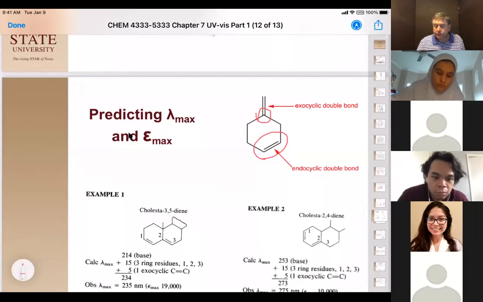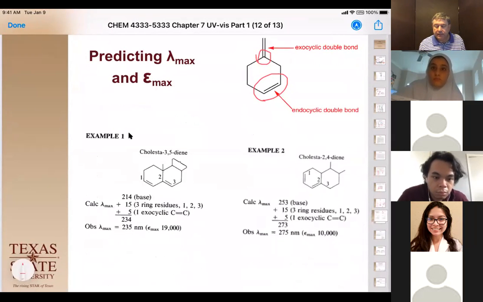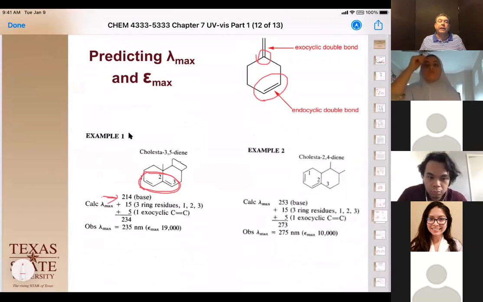So using that equation above, in this system, these are the two double bonds that are in conjugation. And they are cis-like. I'm sorry, they are trans-like. So we have to start with 214 nanometers as our base. Okay.